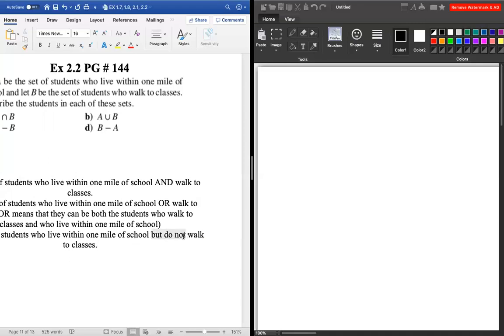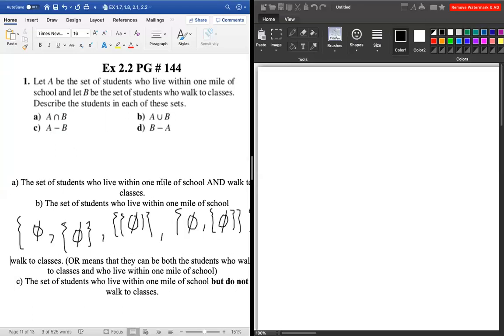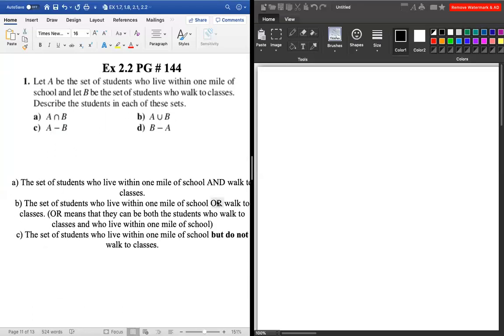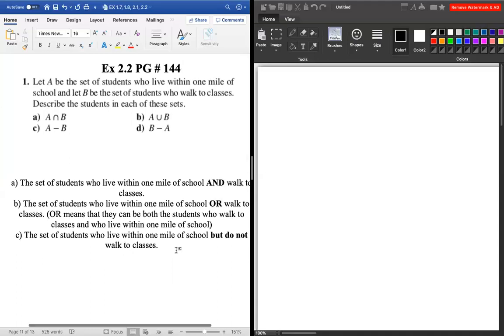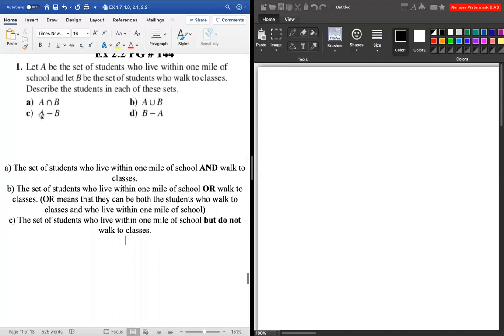Here this, but do not, is the keyword. Okay, so I'm just highlighting the keywords. So A minus B is the subtraction of those elements. It doesn't include those elements. Questions?